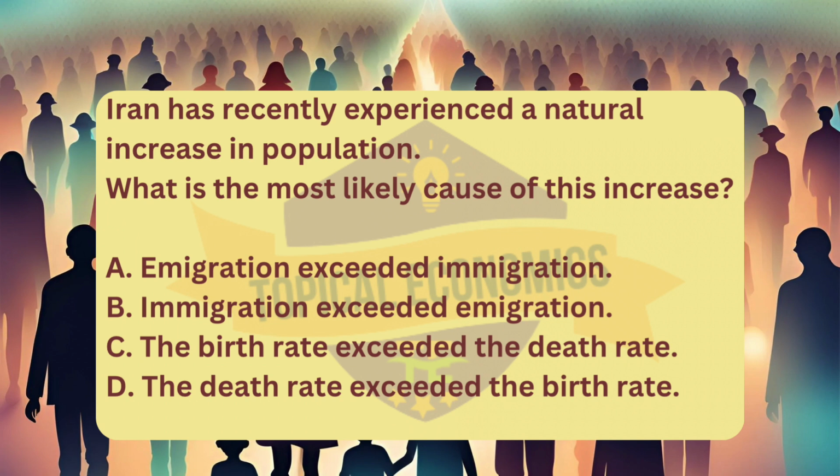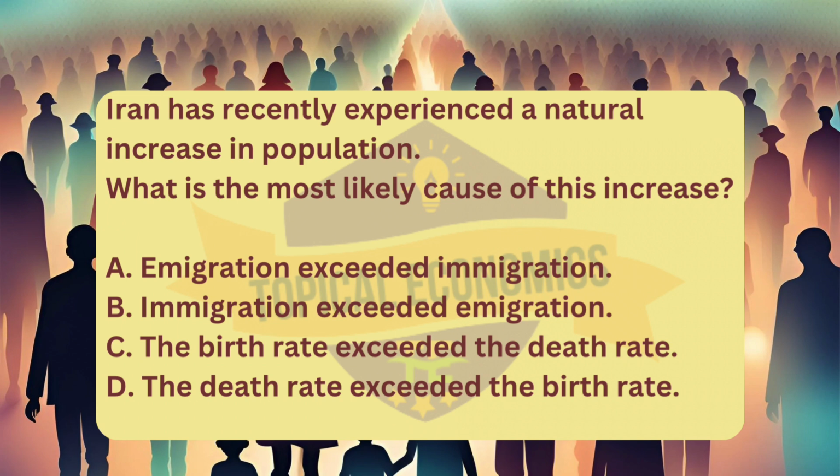Analyzing the other options. Option A, emigration exceeded immigration. If emigration exceeded immigration, this would likely lead to a population decrease, not an increase. When more people leave the country than enter, the population would shrink or stabilize, so this option does not explain a natural population increase.